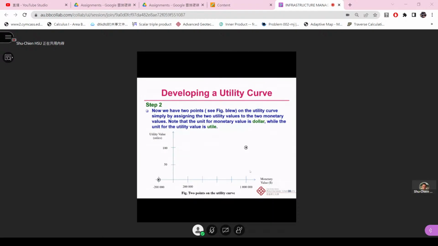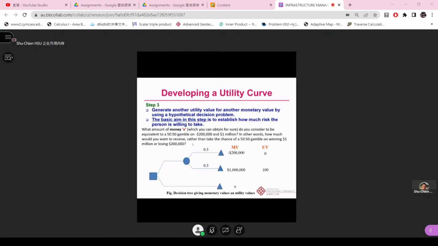The 1 million point is associated with 100, the point on the right-hand side, and negative 200,000 with 0 on the left-hand side. So now we have two points on the utility curve.